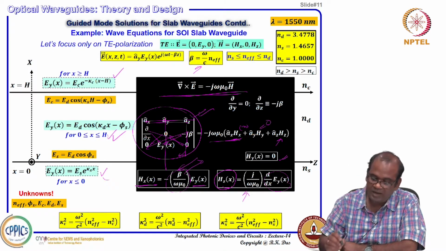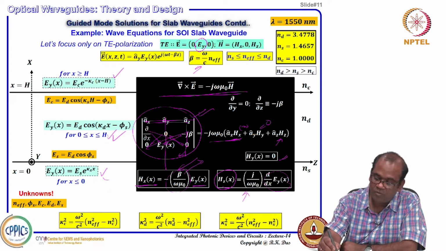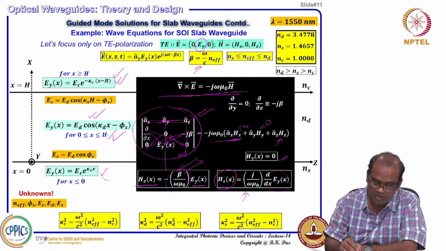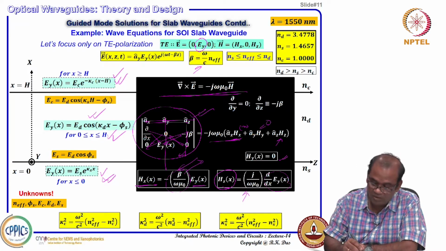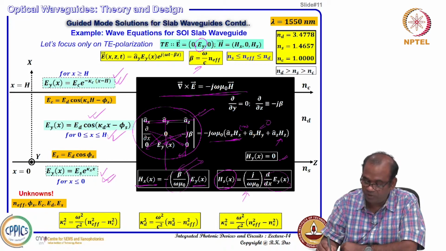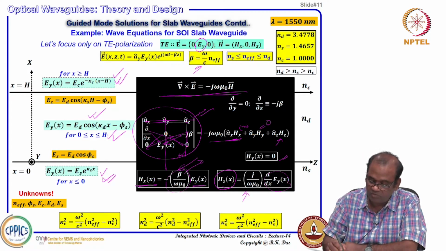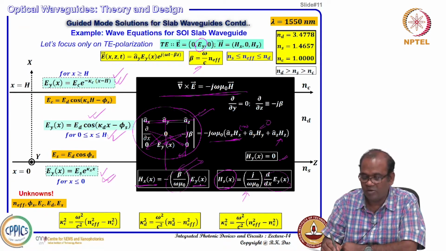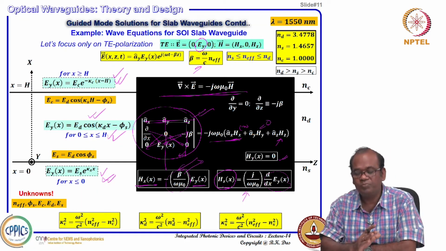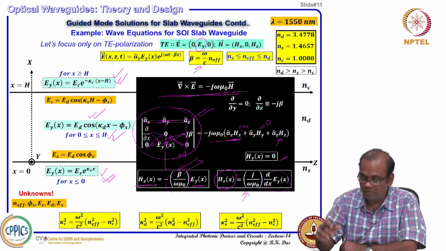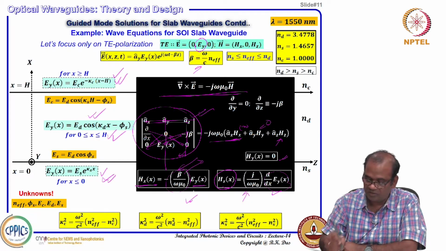So, if I know the Ey component, which I have derived for x greater than h, within h, and less than 0, then if I just make a derivative with respect to x, I can get the magnetic field z component, and if I just multiply this one, I will be getting the x component. So, if I concentrate only on the Ey component, the other magnetic field components can be derived in this standard way.